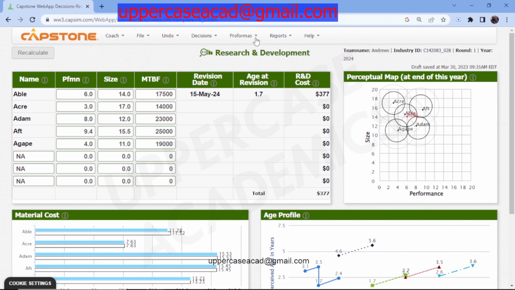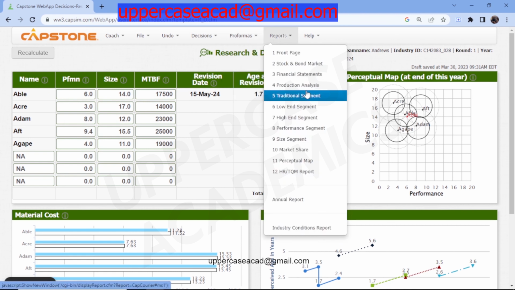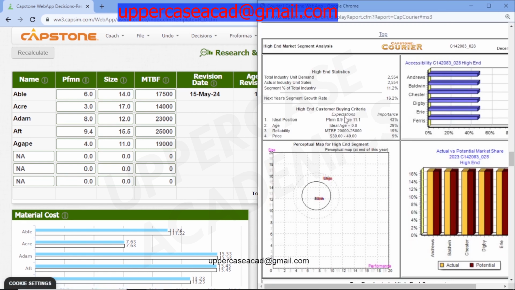Then for Eka, I think it's a low-end product. I'll not change it. Then for Adam, let me go back into my high-end. If you look at my product, Adam is in the high-end. Here, customers give a product with the ideal position of 43%. Age has an importance of 29%.